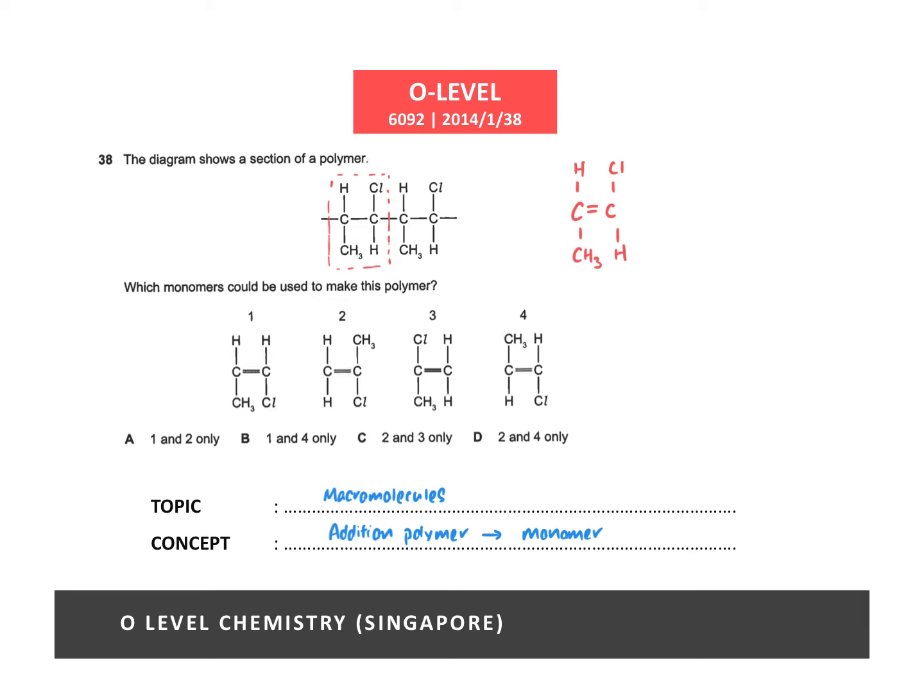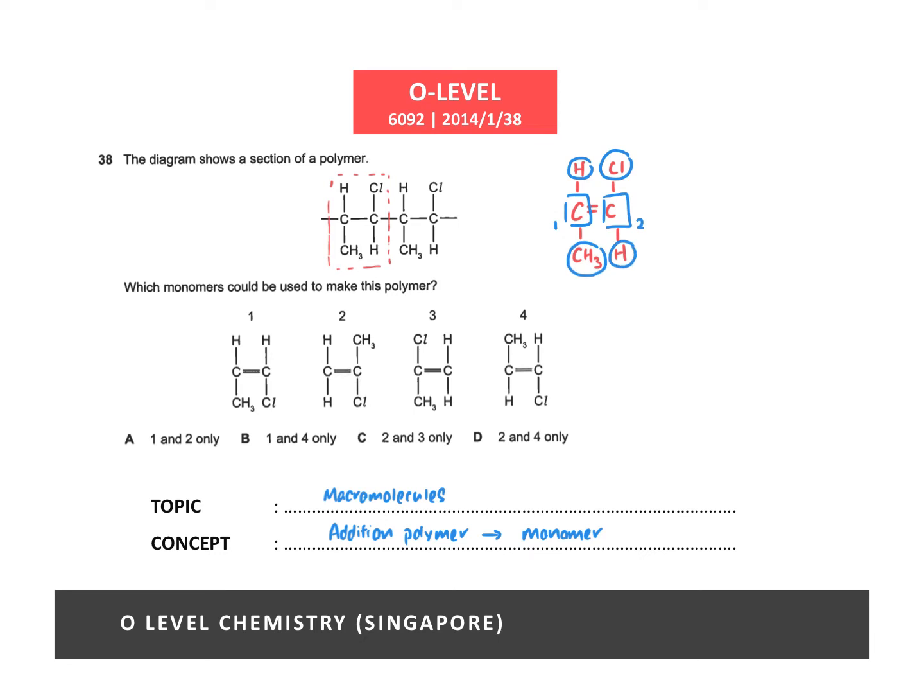For example, we can look at carbon number 1, and this is carbon number 2. Carbon number 1 is bonded to a hydrogen as well as a methyl group, and carbon number 2 is bonded to a chlorine and a hydrogen.